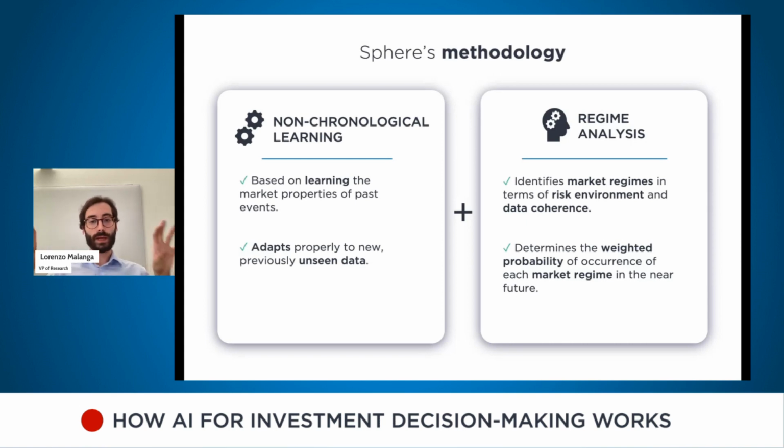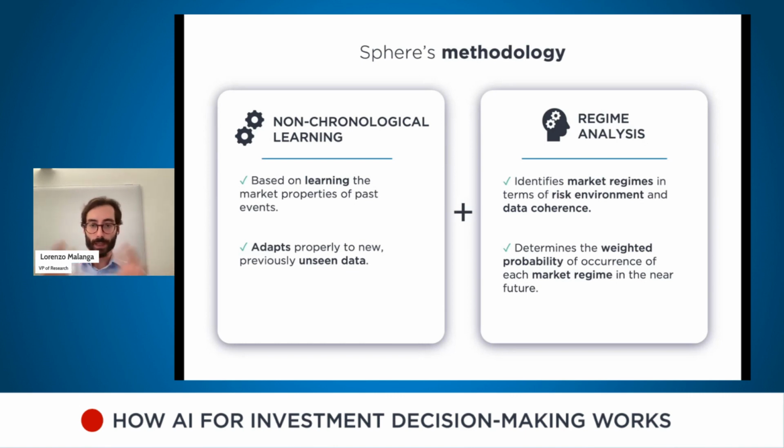So by combining the two, we have the non-chronological learning part that really understands fundamental data and price dynamics, the slow-moving part, the fundamental part of the market. Whereas the regime analysis tool quickly adapts to sudden market changes and shifts in how risk premia actually pay off over time.